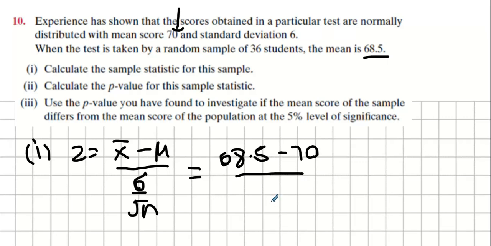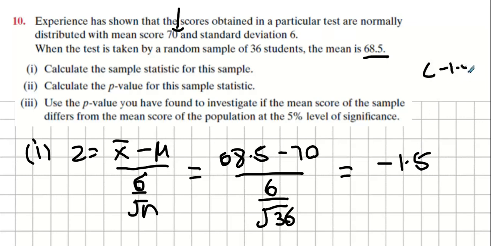It's the only standard deviation there, so it's the only one we can use. 36 students, square root of 36. Who got minus 1.5? Straight away, we know that minus 1.5 is not smaller than minus 1.96. We know we're in the safe region here.